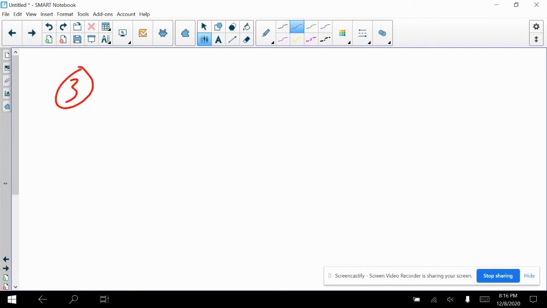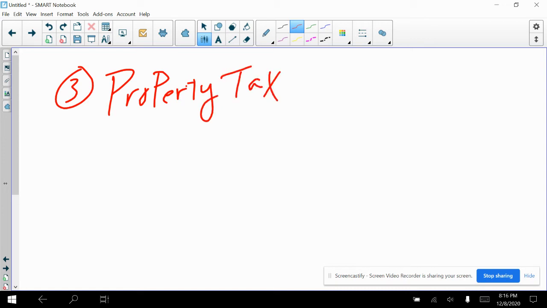Okay, number 3, something called a property tax. Okay, and we would go really in detail if we were in school in the classroom, coming up with examples and talking about property tax and who pays it and why and all that good stuff.